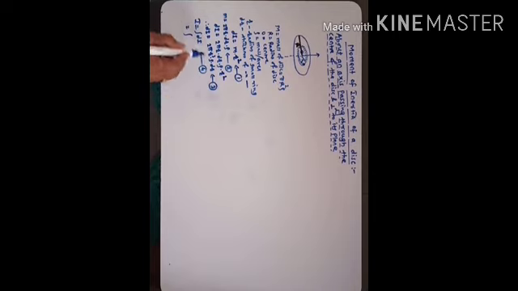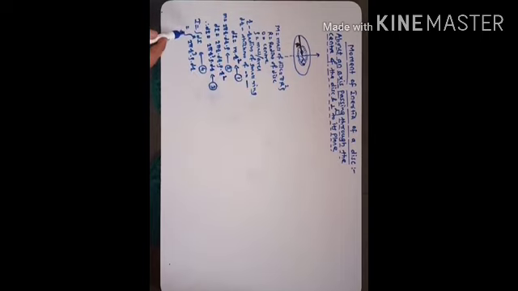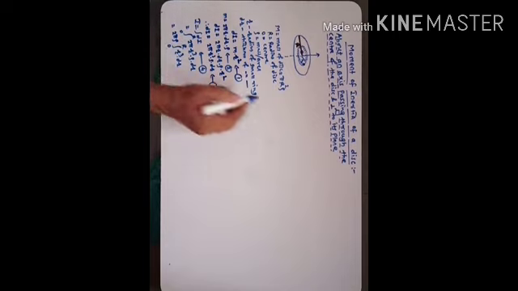We put the value of dI from equation 3 in equation 4, then we get I is equal to integration of 2 pi r cube rho dr, and the limits of r are 0 to capital R. That means the value of r varies from 0 to capital R. Now I take constant quantities outside the integration, 2 pi rho integration 0 to capital R, r cube dr.